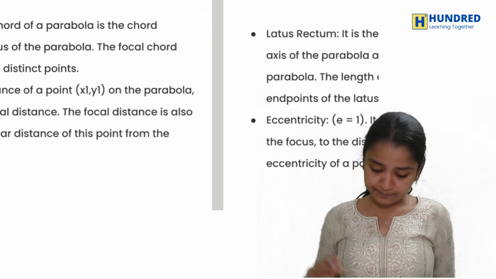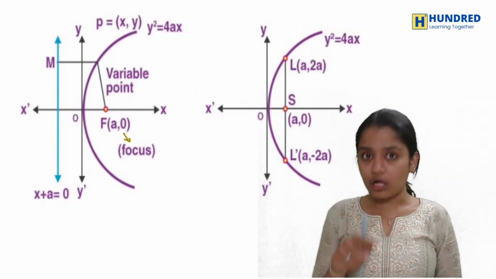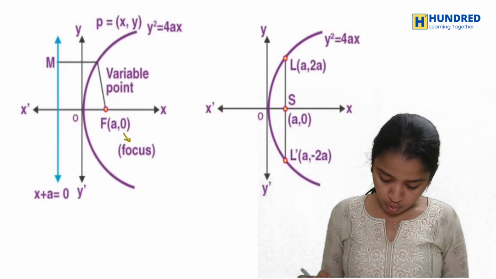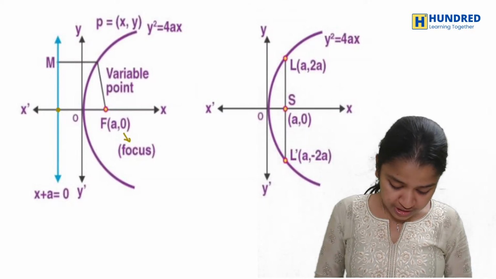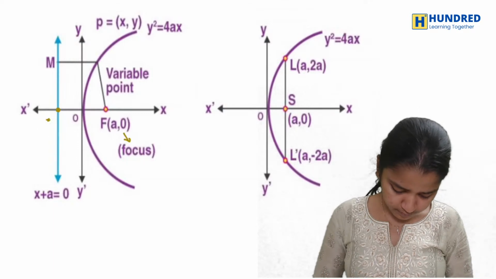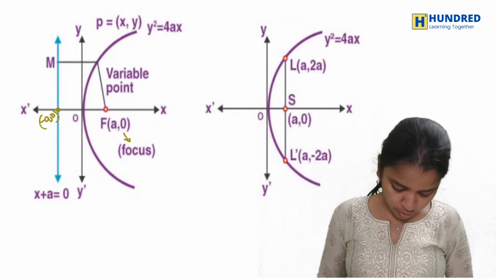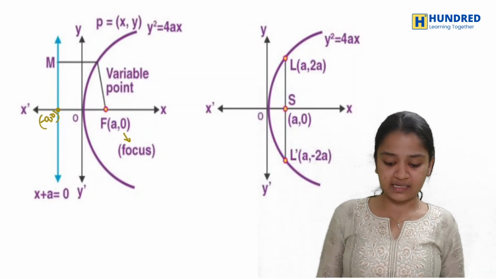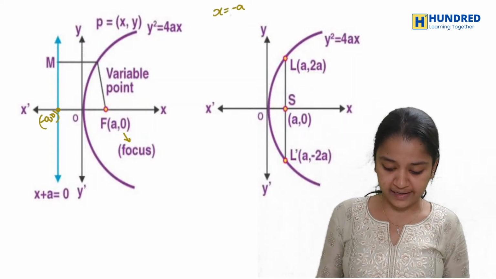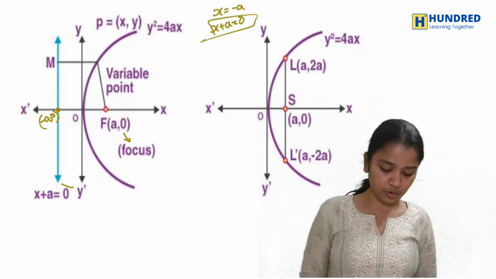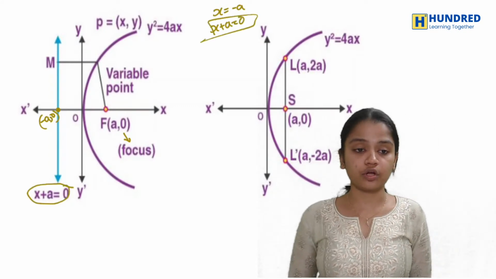This is also for your parabola which is opened rightwards. Here this line is nothing but x is equal to minus a, because it passes through minus a comma 0. So the equation of the line is x plus a is equal to 0. This is your equation of the line.